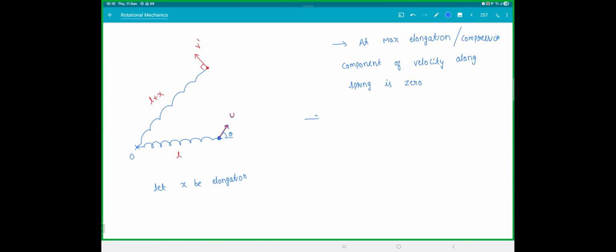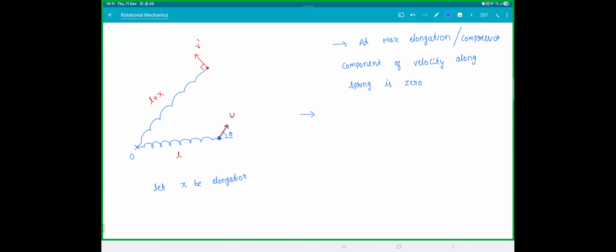Great. So it's clear. It gives you a feeling we have to use conservation. There's no force. Second thing, can I conserve linear momentum? Yes or no? No. Why? To conserve linear momentum, what should happen?